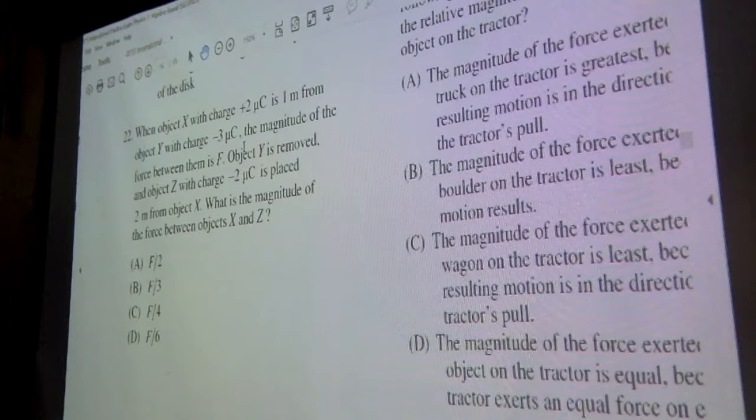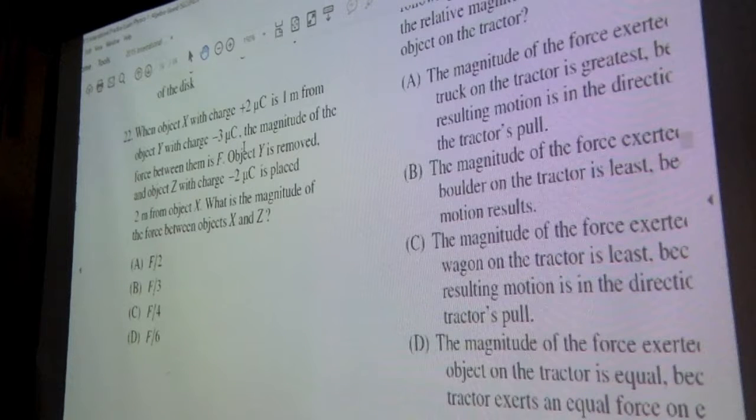You can pretty much do it like how we did the gravity thing. You can almost do it the same way. If it's just 6 over 1, that is F. So F is 6. And then the second one is, exactly, yeah, 4. The initial force is going to be, the product is 6 over 1 squared, which is 1.